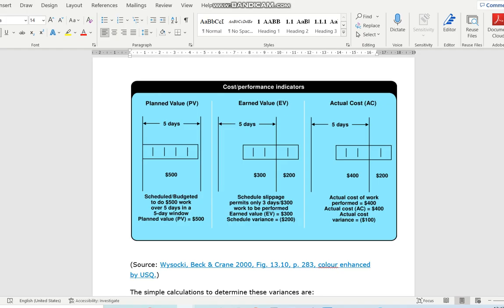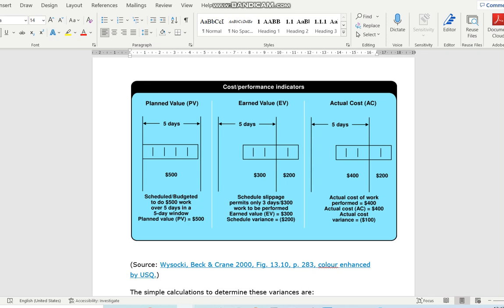So let's say if we don't give you a graph, we will tell you that we need to build 5 houses in 5 months, for example, or 5 houses in 10 months. And each house is going to be how much, like the total budget is how much.